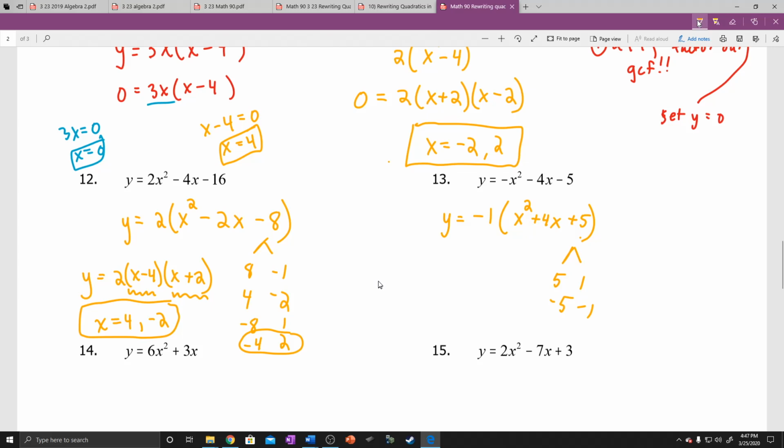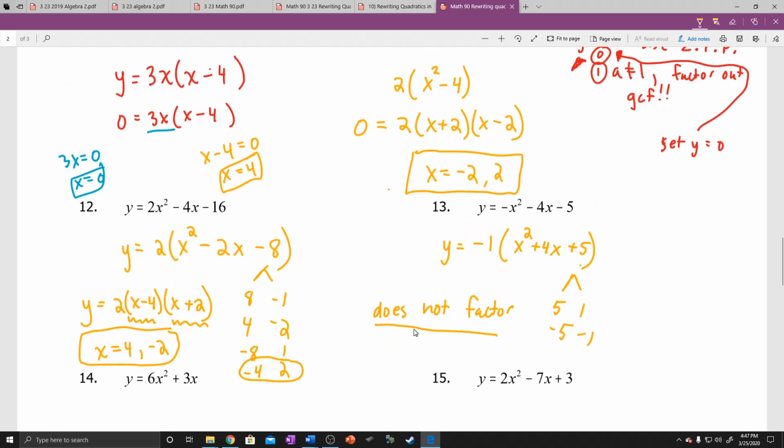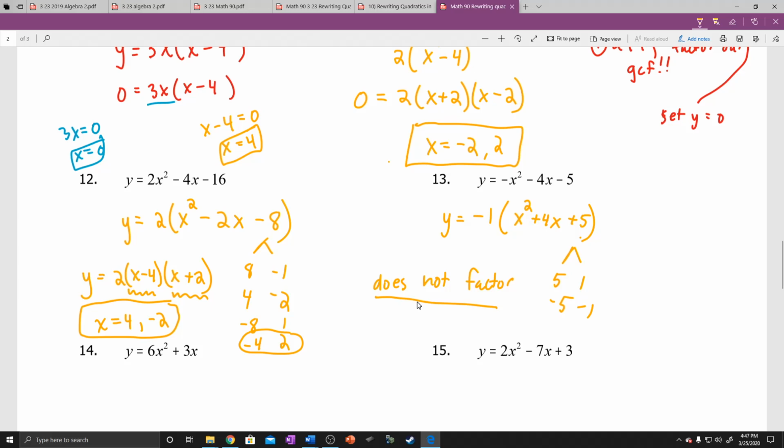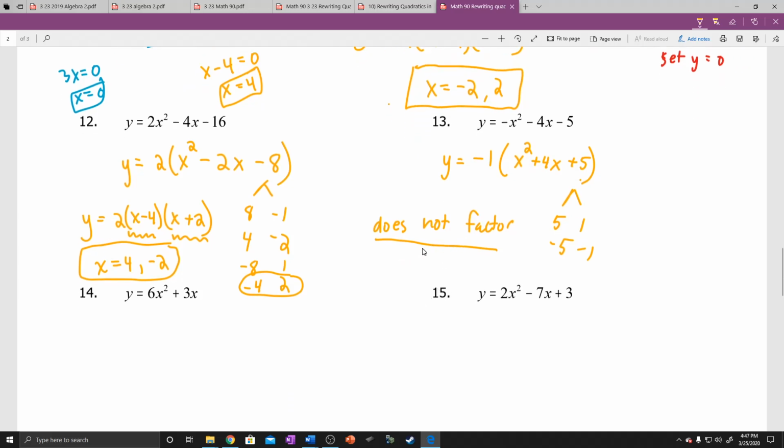So this does not factor, and we'll leave it there. You would have to use more sophisticated methods to solve this problem, such as the quadratic formula, which you can look up on Google and you can actually find the answer.